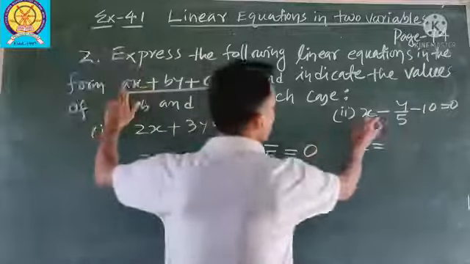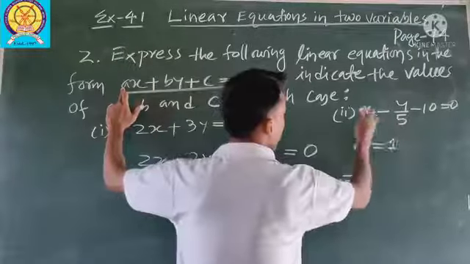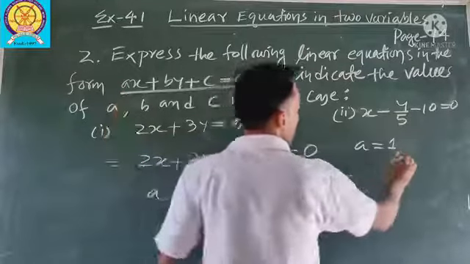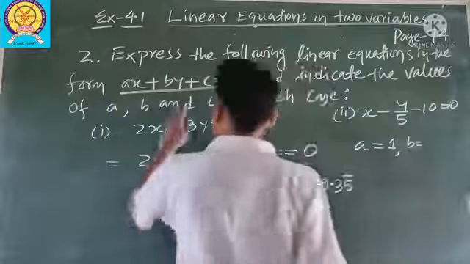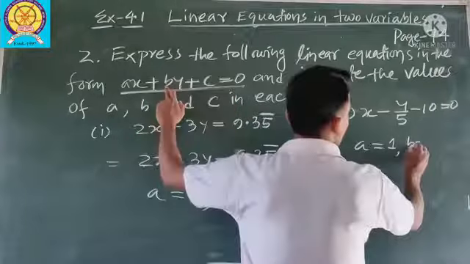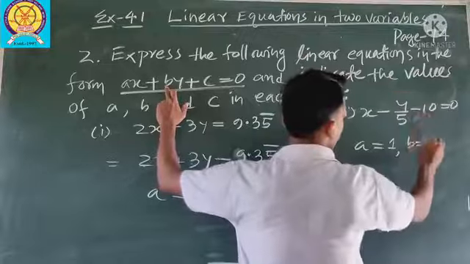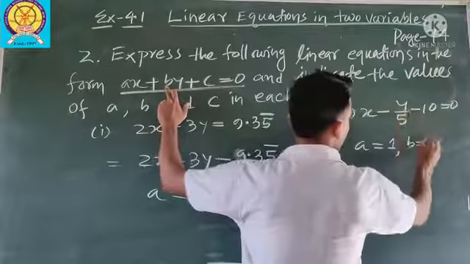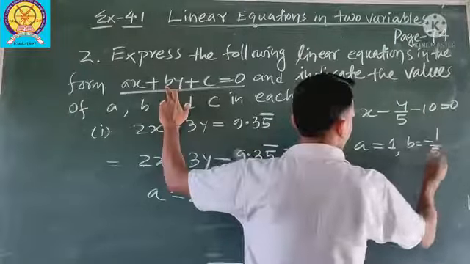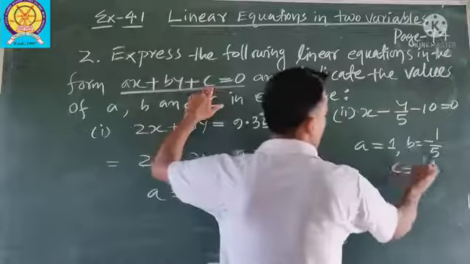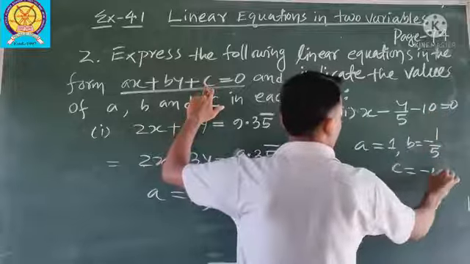So here how much is the x coefficient? 1. It is 1x. So here 1 is there. Next, the y coefficient is b. So here how much is the y coefficient? It is 1y. So here the y coefficient is minus 1 by 5. Next, c. How much will c be? Minus 10.